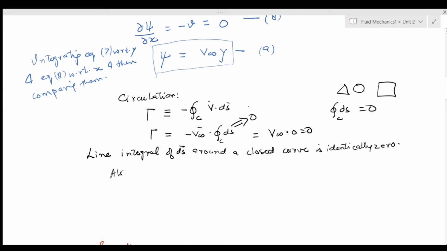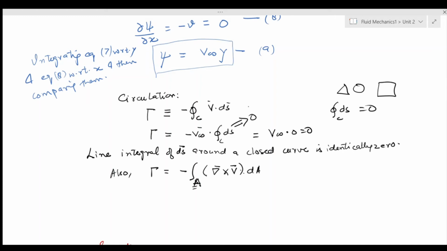But if you remember, I gave a relation between circulation and vorticity, and we said that circulation can also be found this way. Now I am taking an area integral, so I should rather write dA.